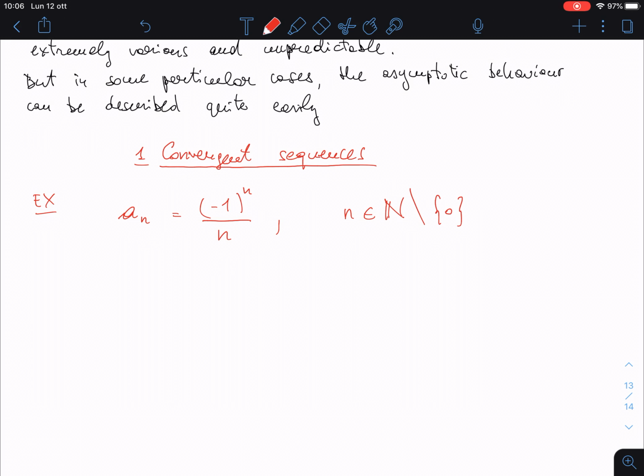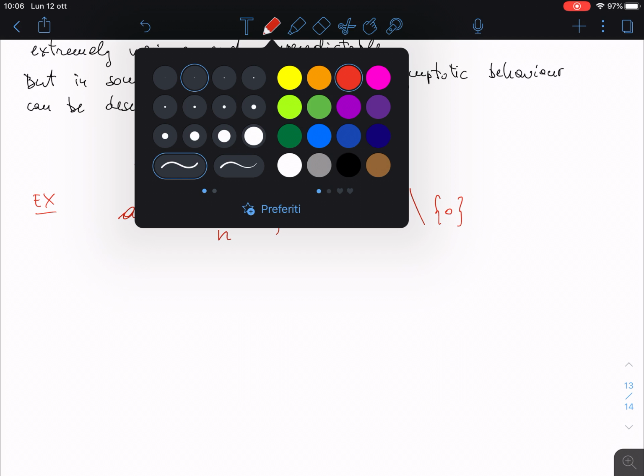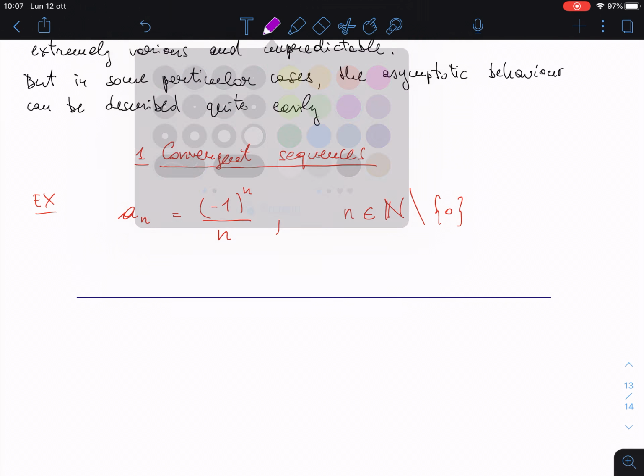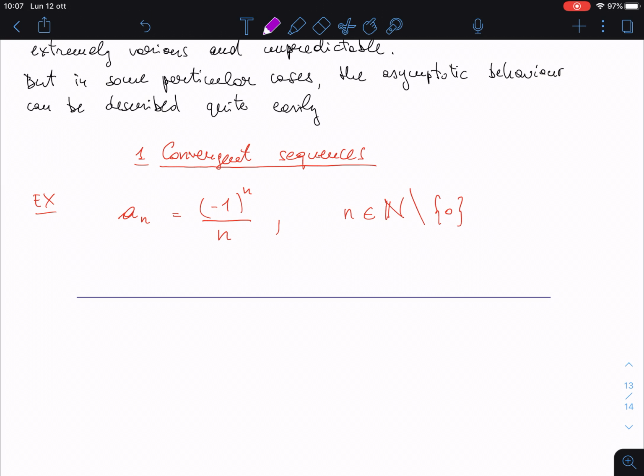Okay, so let us give a look to the behavior of the sequence. And so we have a0 is not there because n is different from 0, and then a1 is minus 1 here. Then a2 is plus 1/2. a3 is minus 1/3.